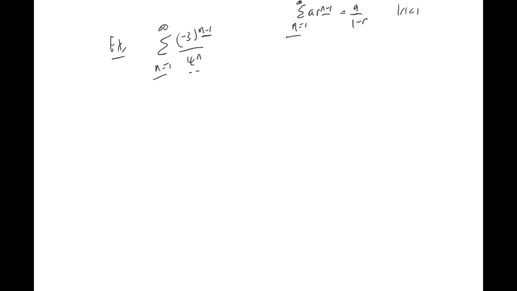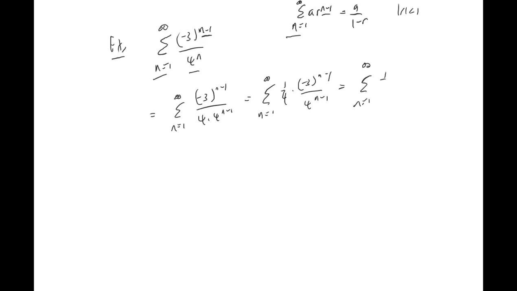And if you change this, it's the same idea, right? It's 4 times 4 to the n minus 1, so one-fourth times. And then we are golden because this is my A, the 1/4, and my R is negative 3/4.